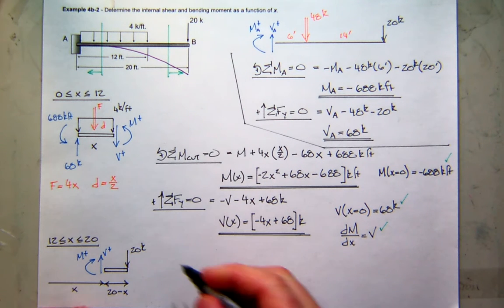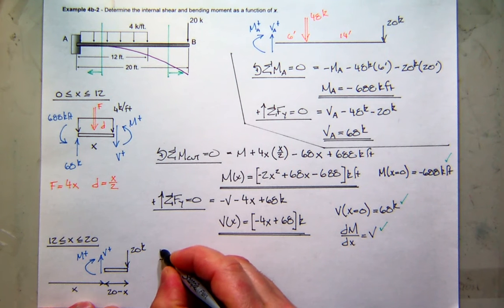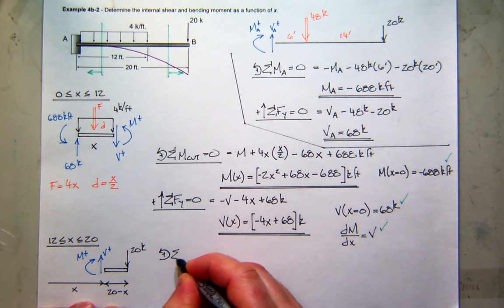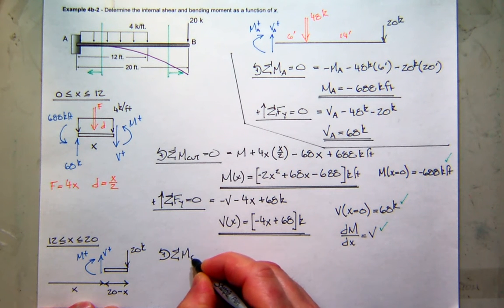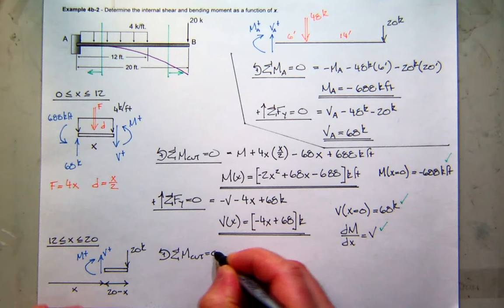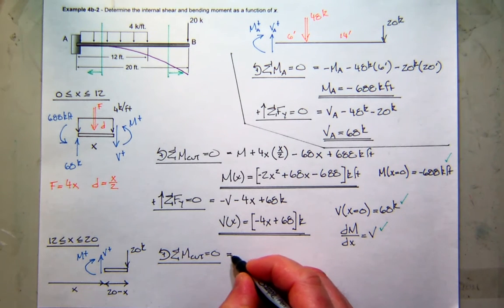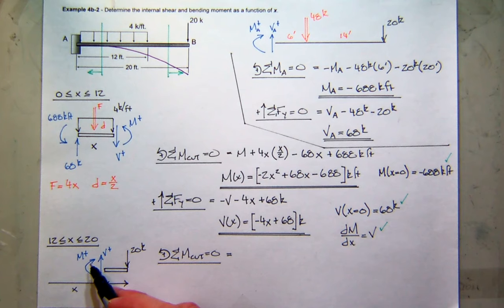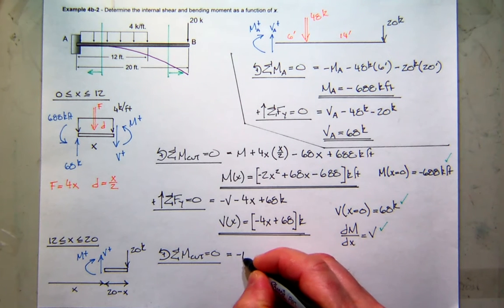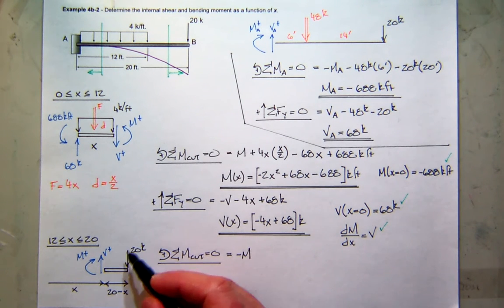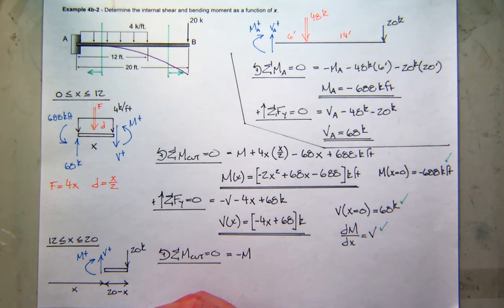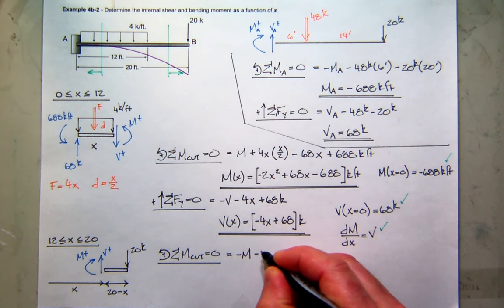So let's do that real quick. So I'm going to sum moments at the cut. Make sure they're in equilibrium. So there's my statement. So with right-hand rule, what kind of moment is this? Positive or negative? Negative. And this 20 kip force about the cut is creating what kind of moment? Negative. And the force is 20.